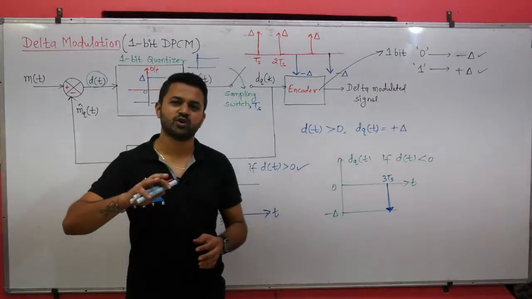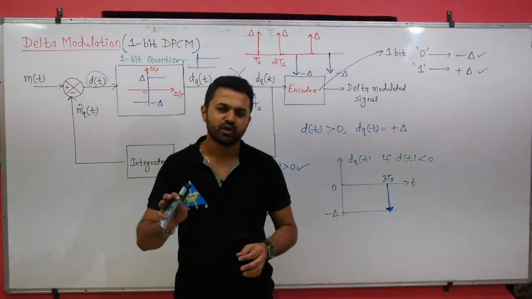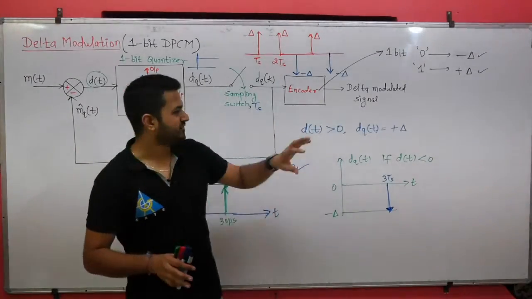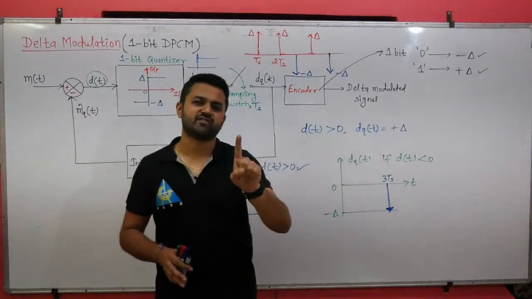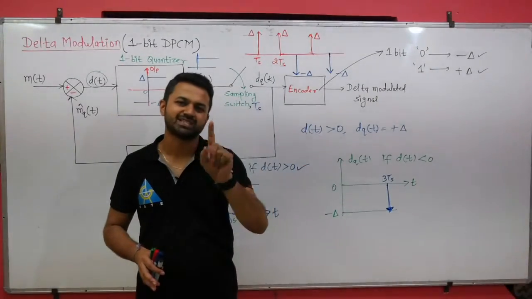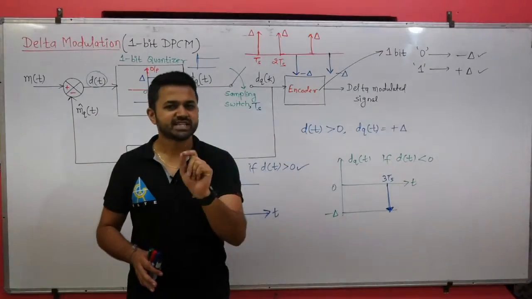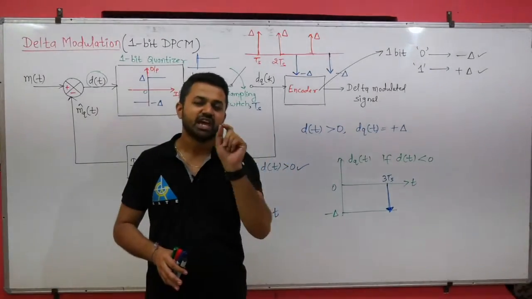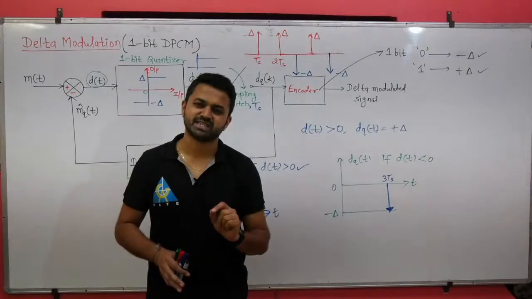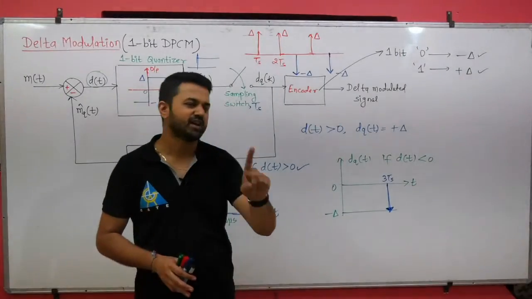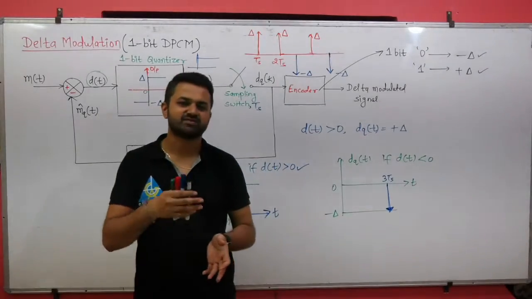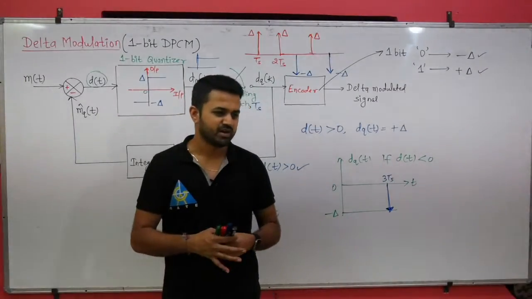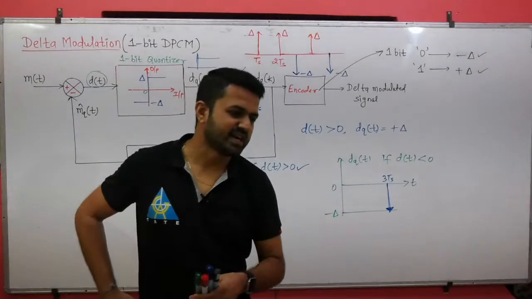Whatever method you want to use for line coding you can use, but from the encoder output you will get only either 1 or 0 corresponding to plus delta and minus delta. If it is plus delta, you will transmit 1. If it is minus delta, you will transmit 0. So you are using only one bit, either 1 or 0. So that is why we are calling it 1 bit DPCM. Is it clear to everyone?